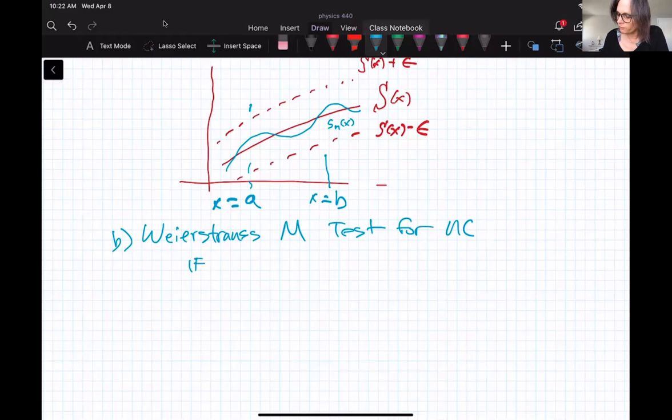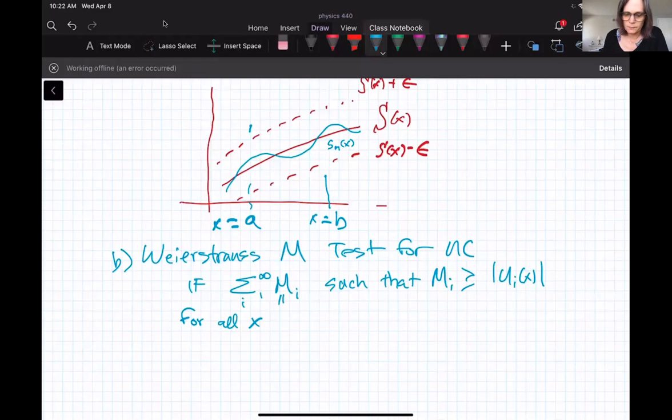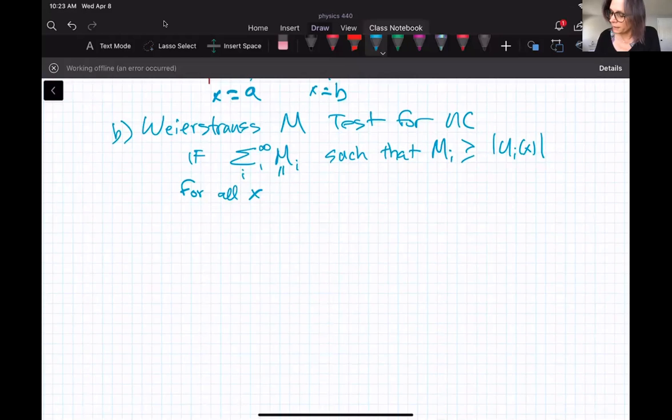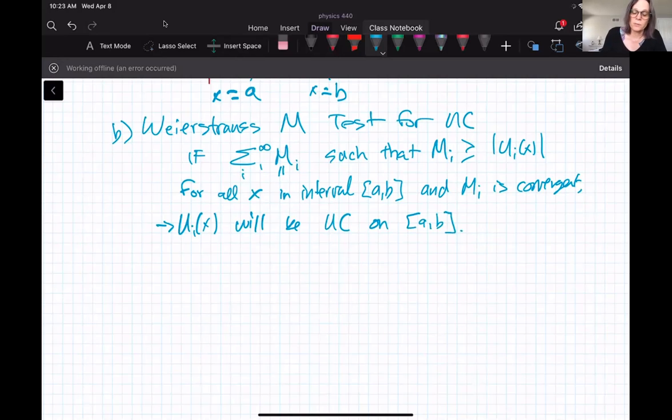So for example, if we take a sequence from i equals 1 to infinity called m sub i, such that m sub i is greater than or equal to all of the u sub i of x, for all x in our interval of interest, and this m sub i is convergent, then u sub i will be uniformly convergent on a, b. Okay, so it's a pretty straightforward test.